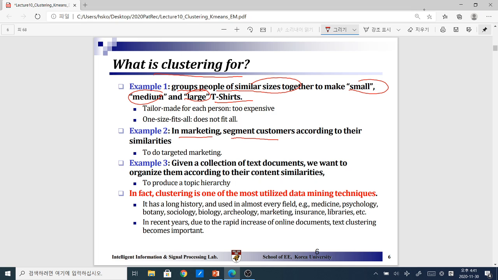For example, we can segment different customer groups according to their similar interests. In fact, clustering is one of the most utilized data mining techniques because it is very useful for marketing purposes.